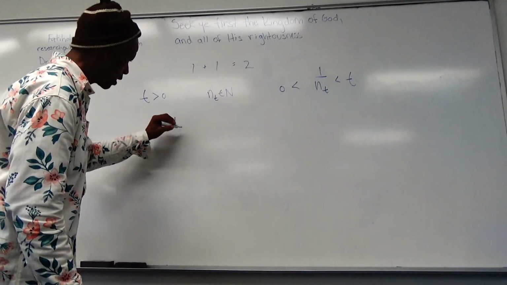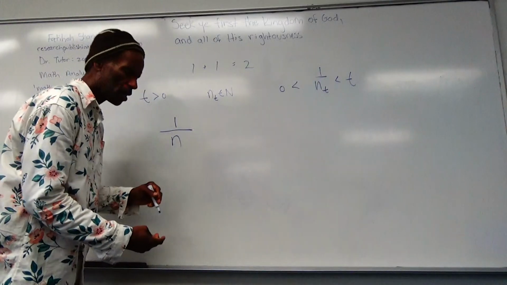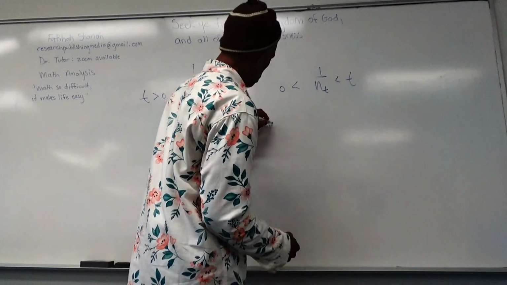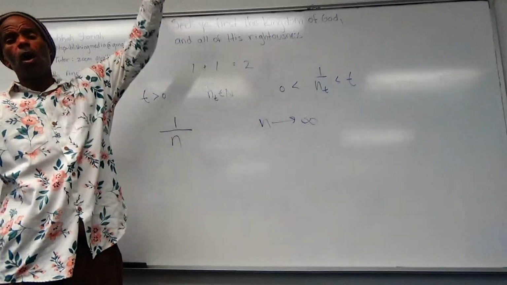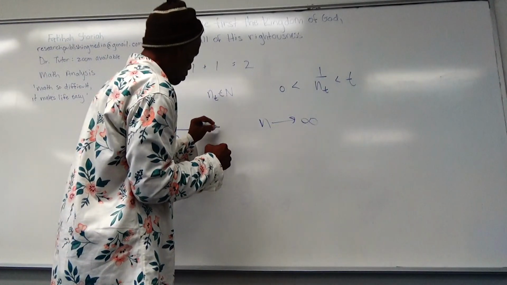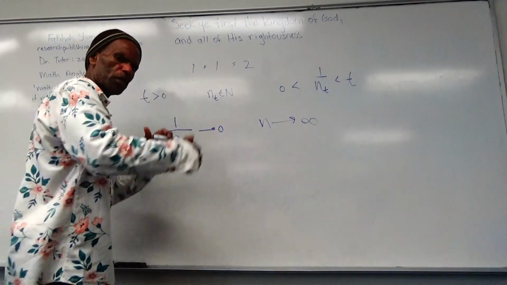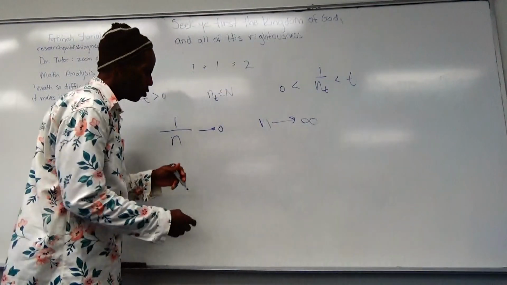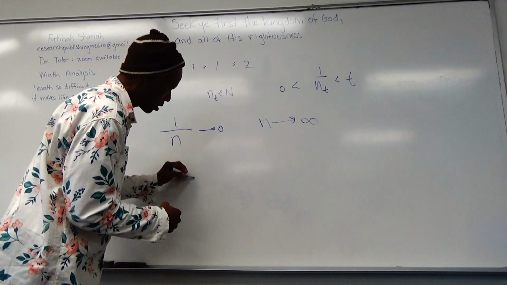When you have 1 in the numerator and n in the denominator, and we say, well, as n goes to infinity, as n gets so large, this 1 over n goes to 0. If you have a calculator and you divide 1 by a number and then keep increasing that number, you will see that the result gradually goes to 0.